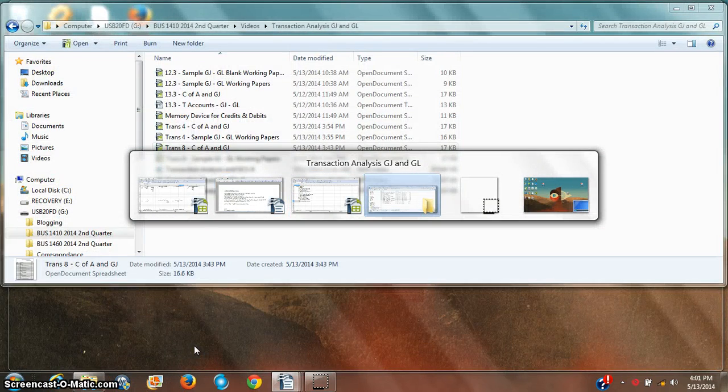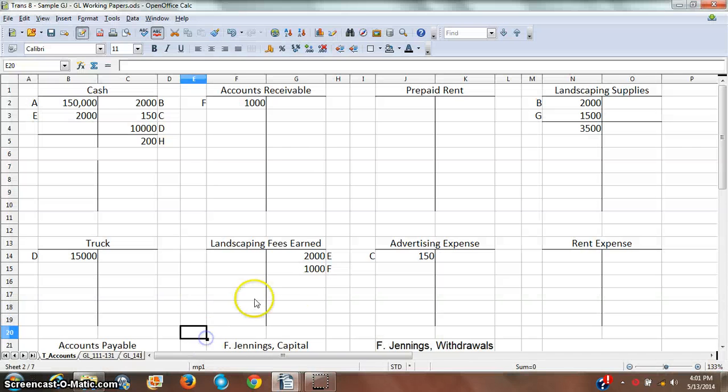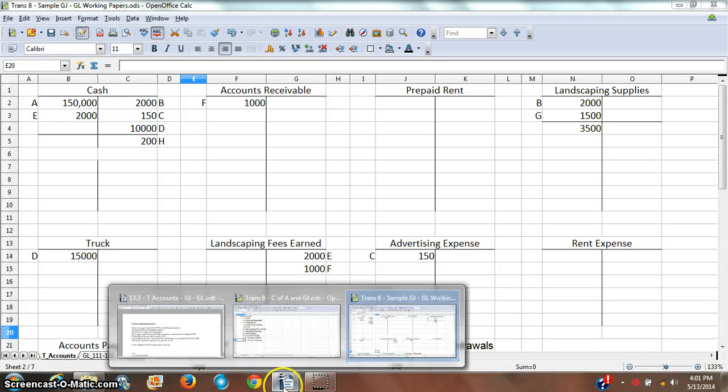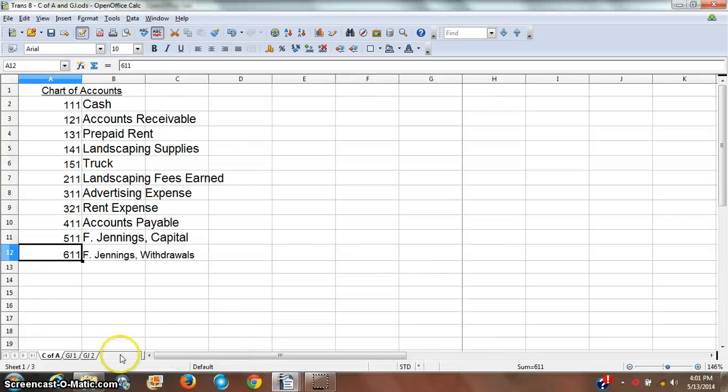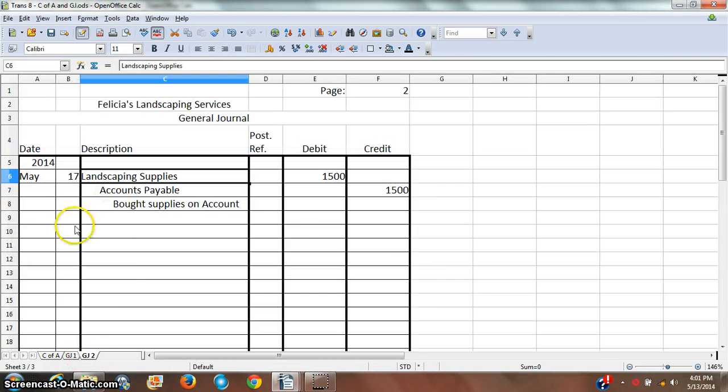You can find that real quick here. Here's my general journal. I'm on page 2, and this is going to be May 29, and I'll just put that number there. And I put the debit first. Debit is withdrawals.